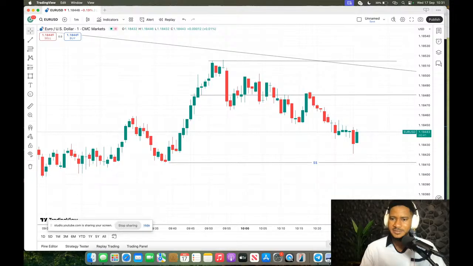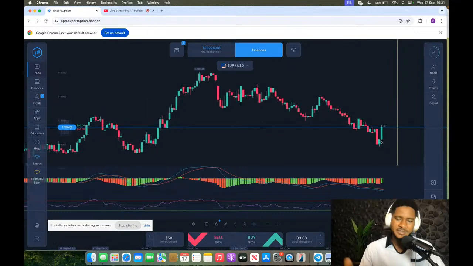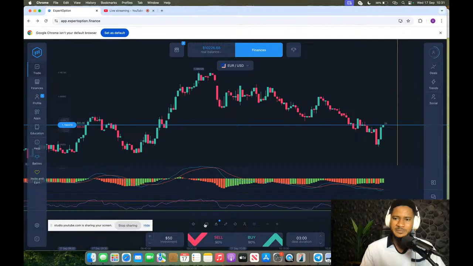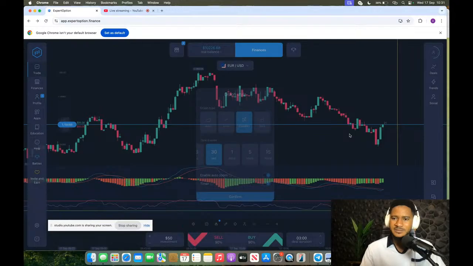I think buy volume just entered. So this is a sign. If this is a sign, what do we expect next? We would wait for an entry. The entry is for this candlestick to come down a little bit.